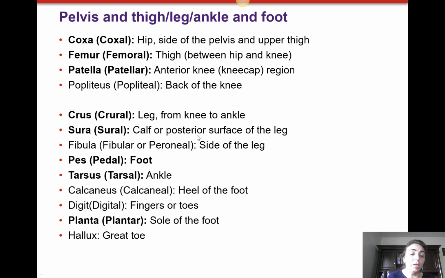Right? Again, here you see that we have digits for the toes, with the same naming as the fingers, and we have plantar, that's the sole of the feet, and plantar means whatever you have on the sole. And we see that also for the great toe we have a specific name that we call hallux, right?